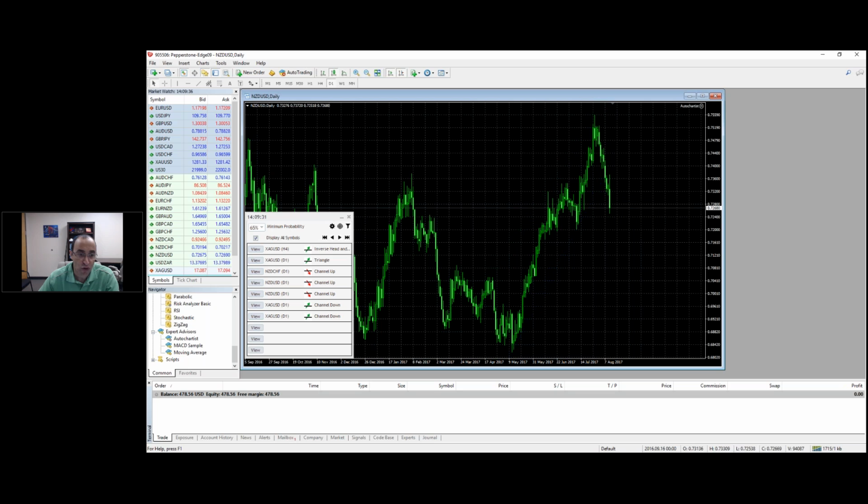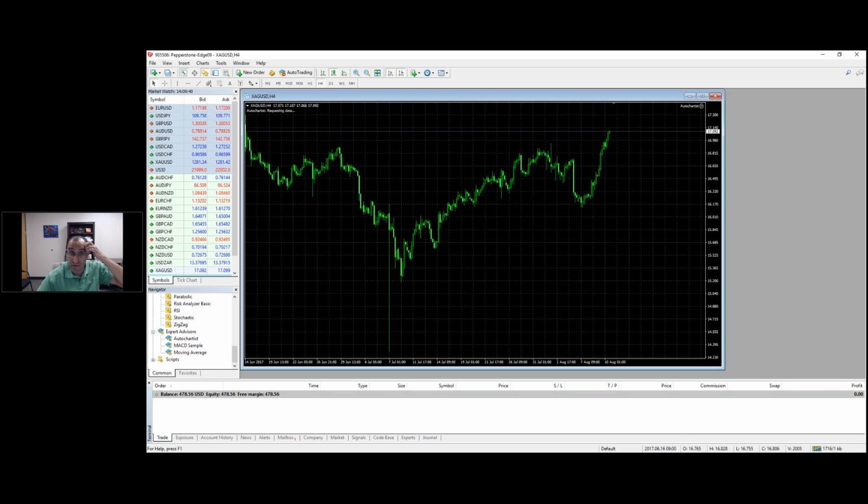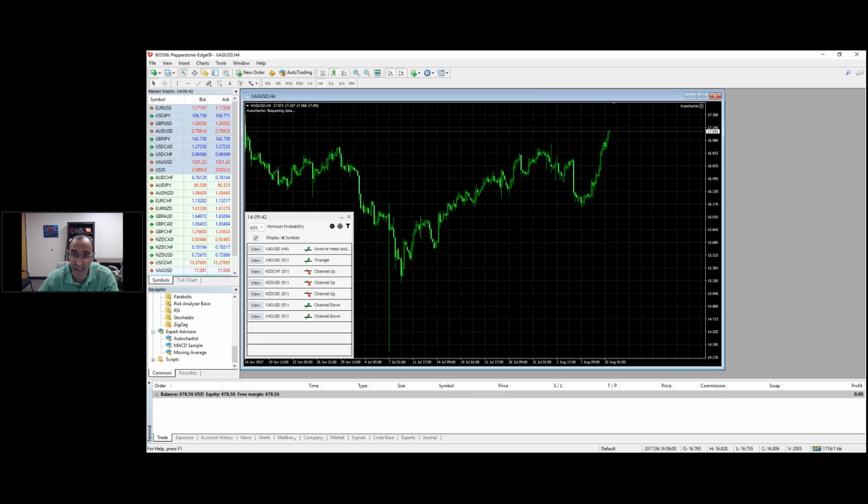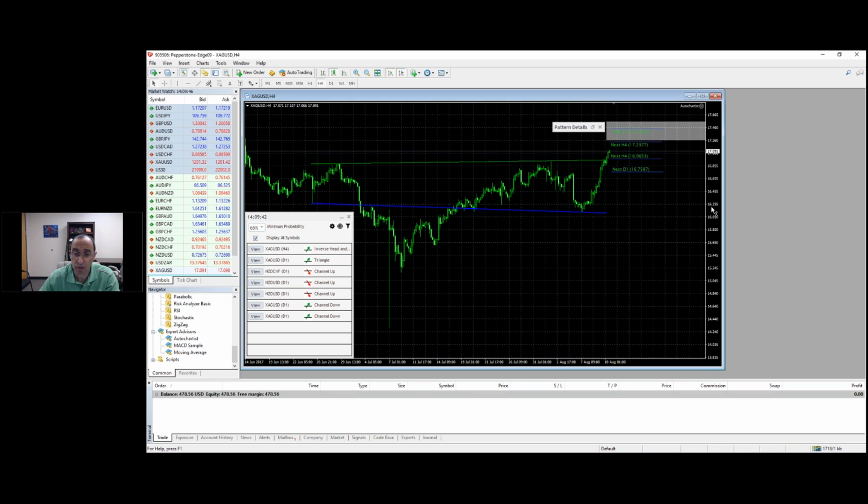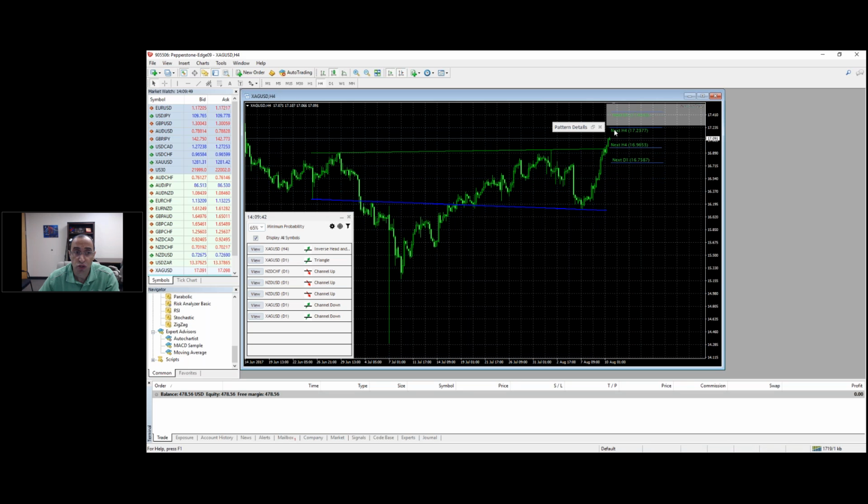Okay, so of course we're going to get that inverse head and shoulders in there, and we saw the stats on the inverse head and shoulders. If I recall correctly, was it over 80% or was it over 75%? I don't remember, right? So here is an opportunity to buy up to, it looks like around 17.25 or so, right? And these are all the opportunities with these high probabilities, over 65% probability.